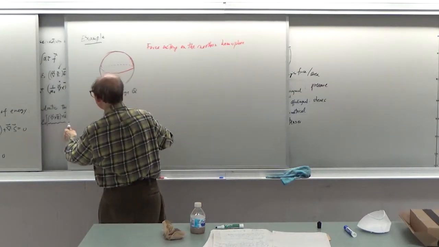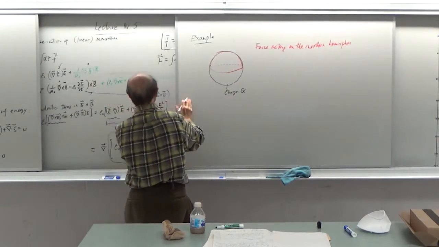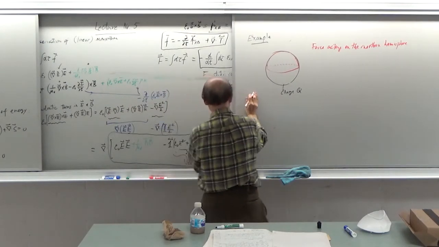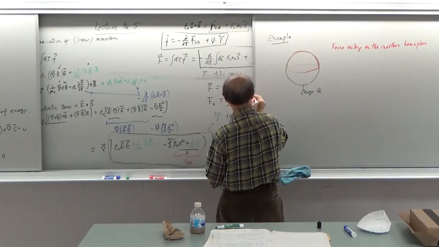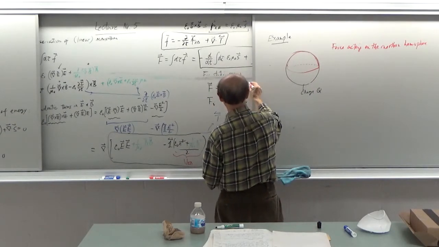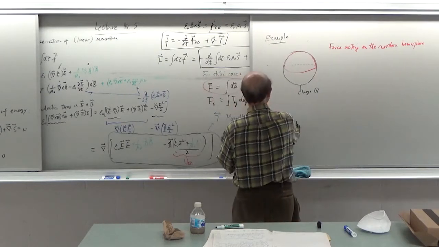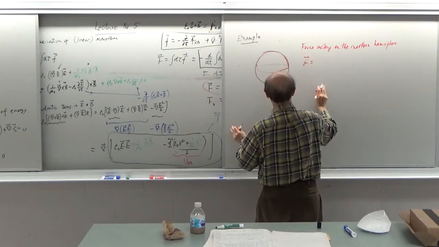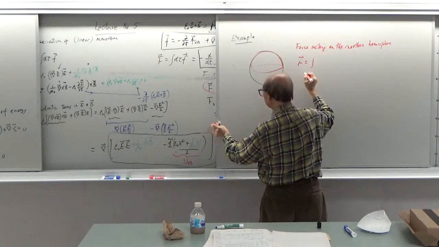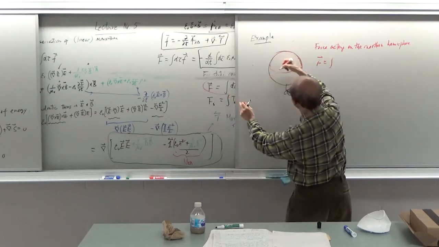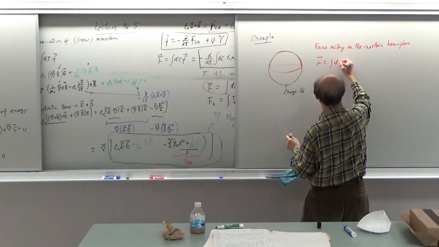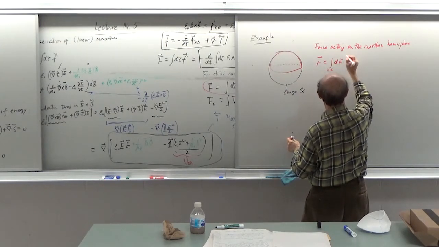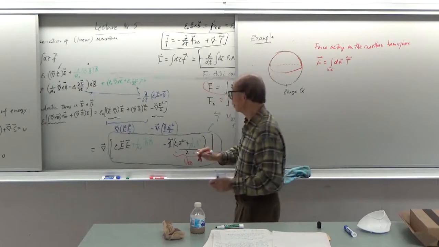All right? So we can now make use of that result. So the force F can be written as the area integral over the northern hemisphere, with the integrand given by the stress tensor.